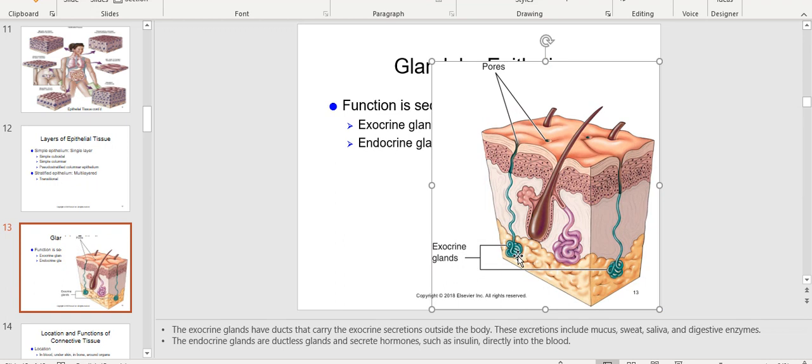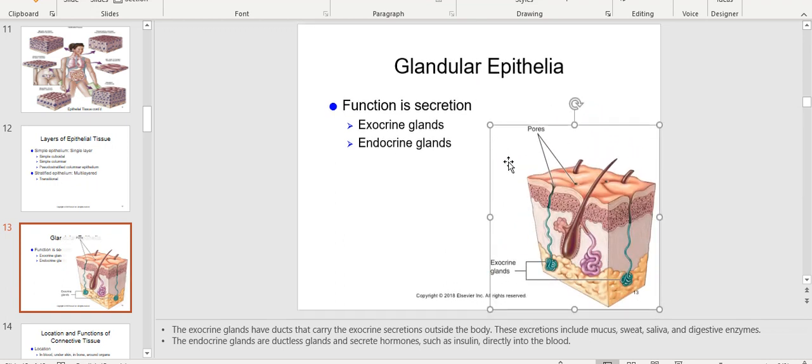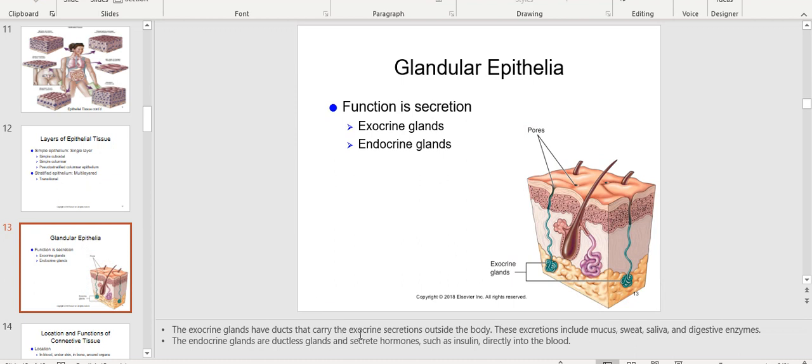These are what we call exocrine glands, and their function is secreting stuff out. The exocrine glands have ducts that carry the exocrine secretion outside the body. See these ducts here? They move all the way out and take it outside. These secretions include mucus, sweat, saliva, even digestive enzymes.